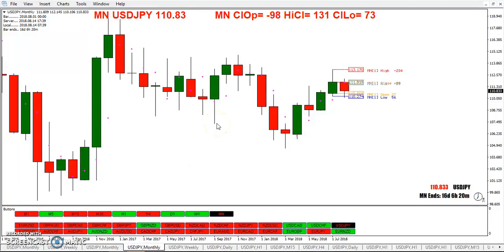Okay, into it. We're looking at the monthly chart. We can see the yen has bounced about 73 pips off the bottom. And you can see here from the previous month, we've got the open, we've got the low. Right here is the lower wick zone. So for wick zone traders, you trade out of the wick zone, not into it, but out of it.